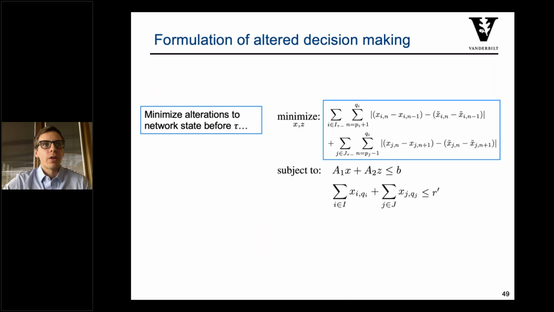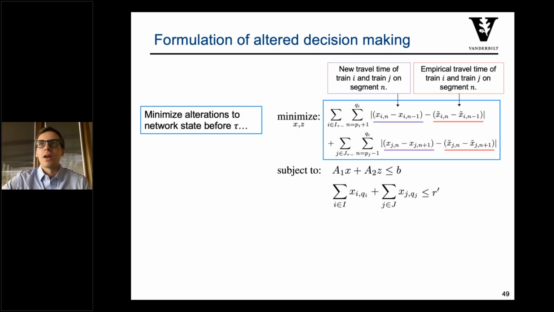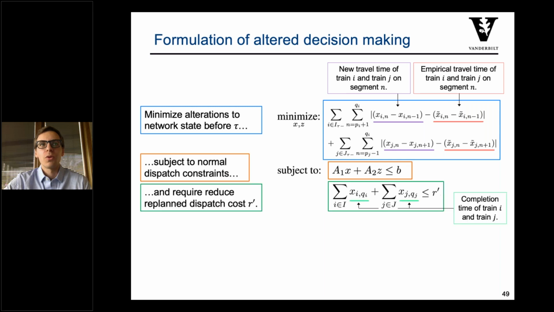Again, I'll go through the math really quickly here, and just note that for this problem, the objective function actually changes to the point where we're trying to minimize the changes to timing points before time tau. Again, minimizing those changes, trying to find the smallest ones possible in order to achieve a reduction in the total replanning cost. I can go through more detail on this if people are curious at the end.